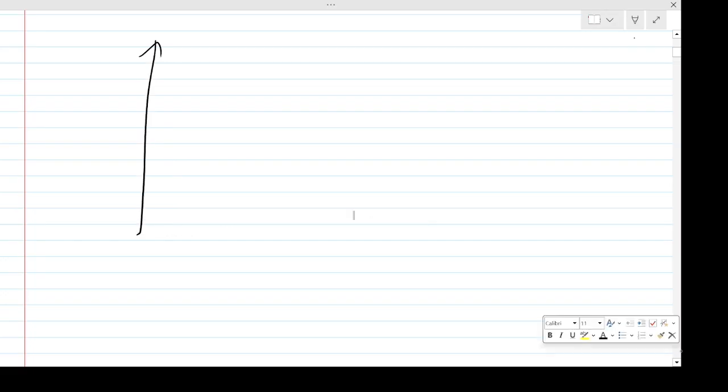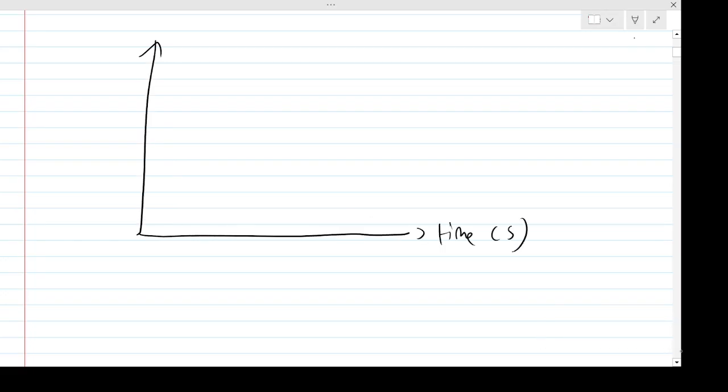Right, so I mentioned we're going to start looking at formulas to work these things out. So cast our minds back to a velocity time graph, which we looked at last time, where we have time in seconds and our velocity in meters per second.